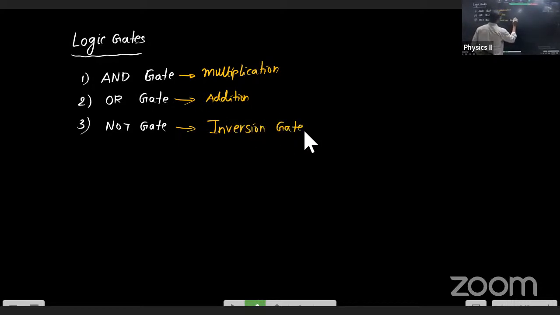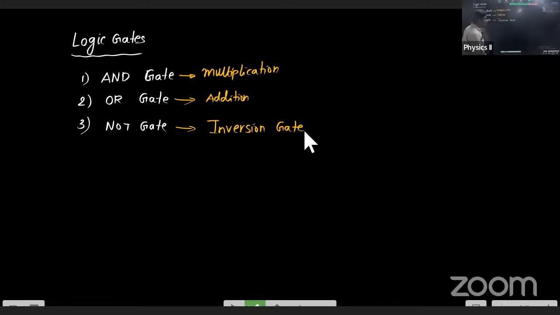So these are the three fundamental logic gates: the AND gate, the OR gate, and the NOT gate. The AND gate is used for performing multiplication, the OR gate is used for performing addition, and the NOT gate is used for performing inversion. It is nothing but the inversion gate.